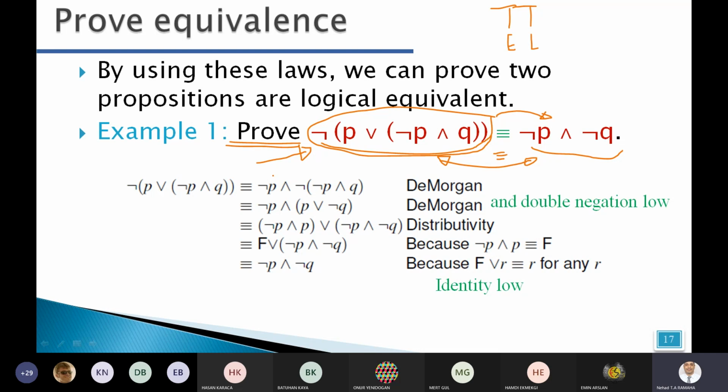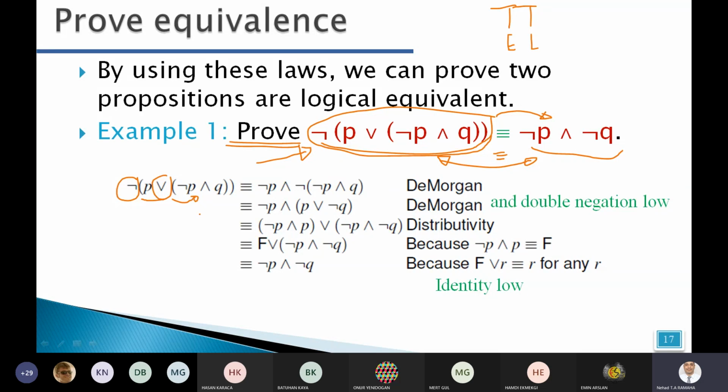The simplest way to do this is, if we have this parenthesis and not, we try to use the rules. First, we need to distribute this not and distribute this or, and then we can see later what will happen here.